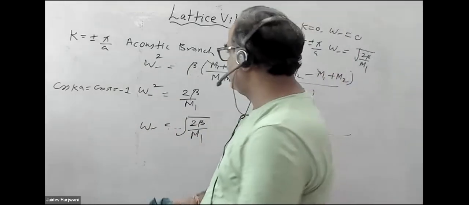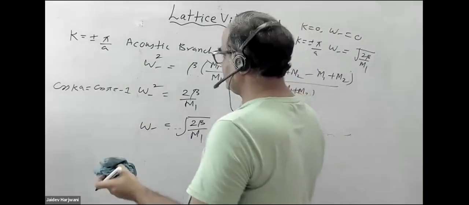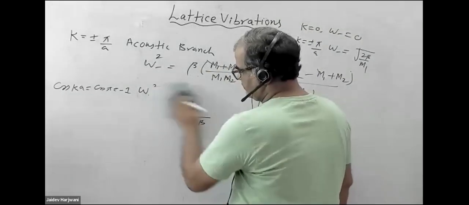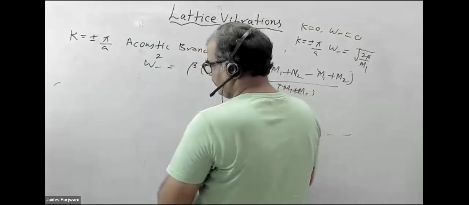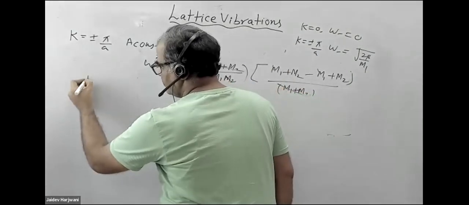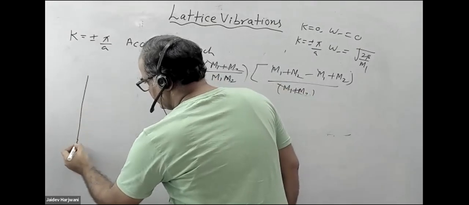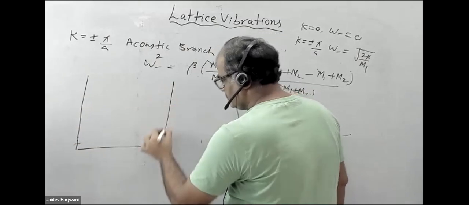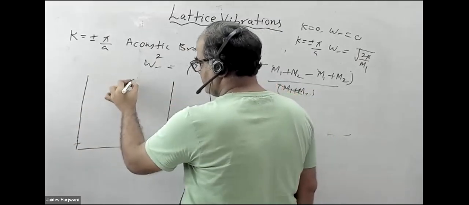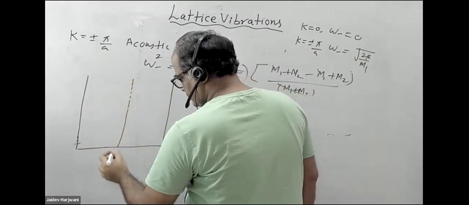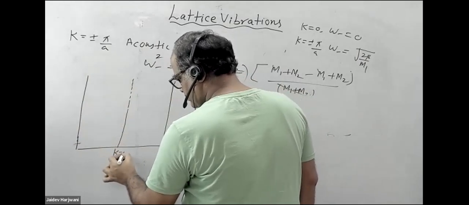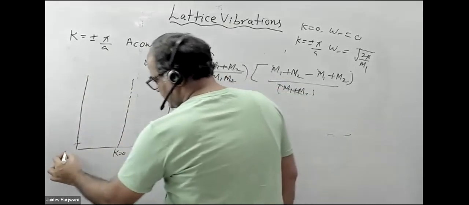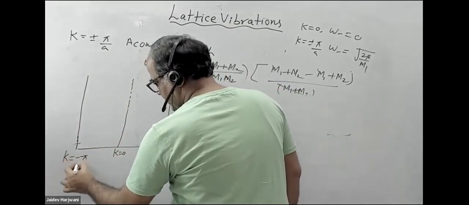Now let us draw this curve. If I draw this curve, what will we get? We have this curve here, and this is k tends to 0, this is k equals pi by a and k equals minus pi by a.